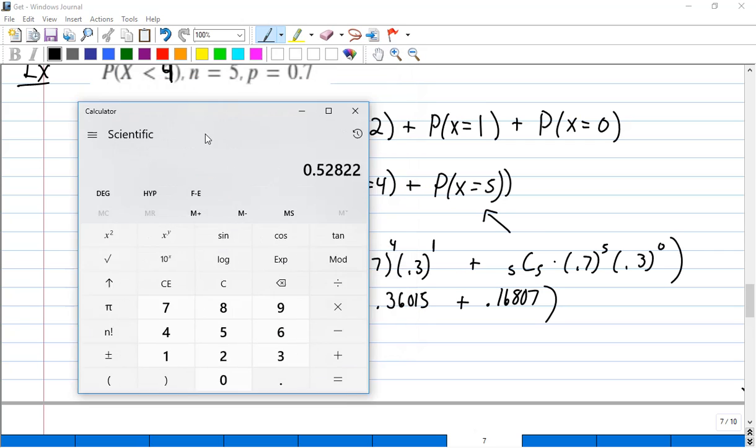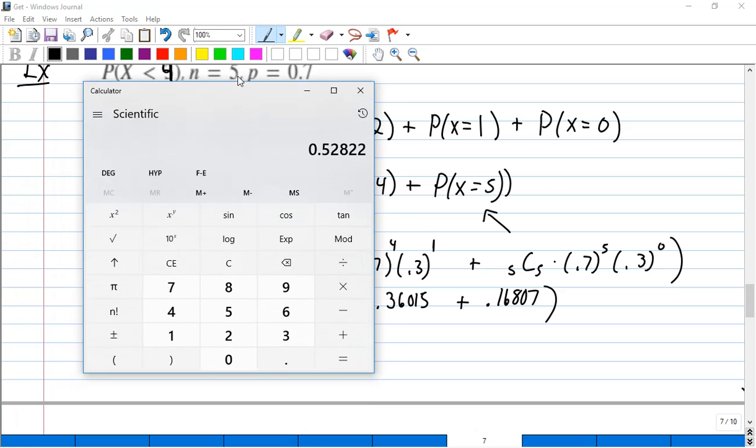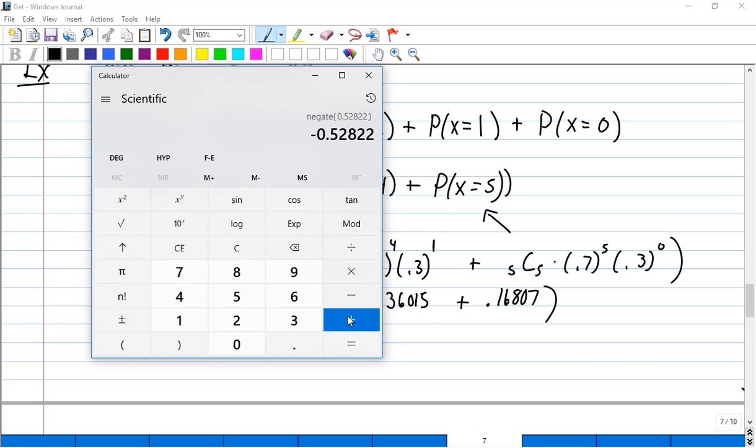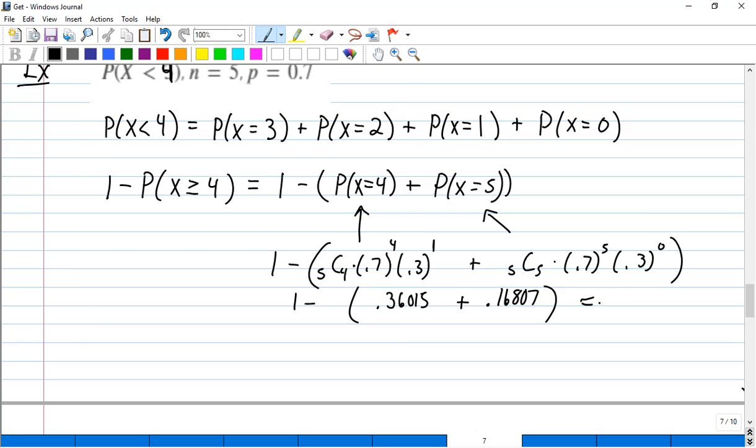The tricky way to do that in a calculator is that I could just make that negative and add 1 to it. 0.47178. So sometimes using the complement will speed that up just a little bit.